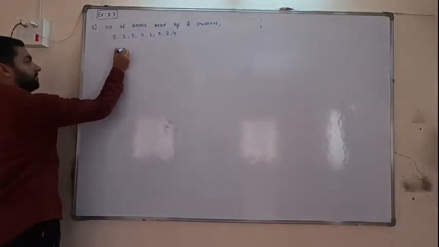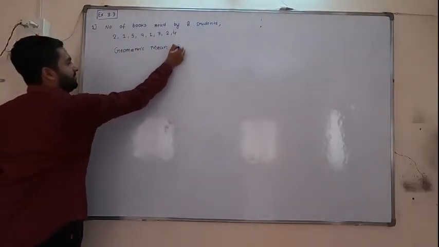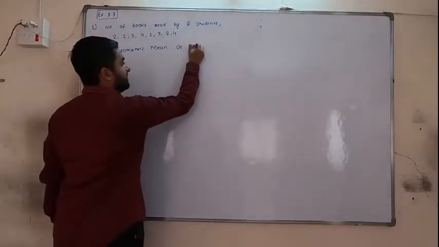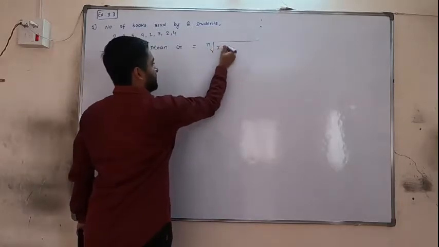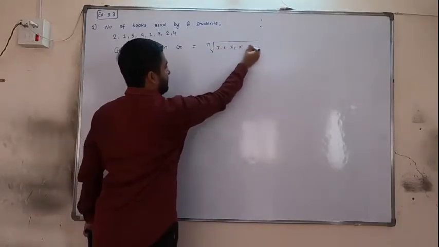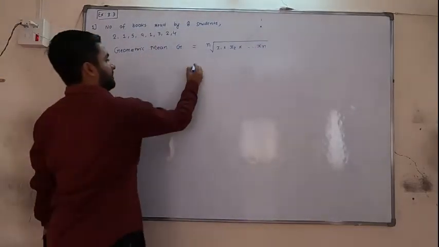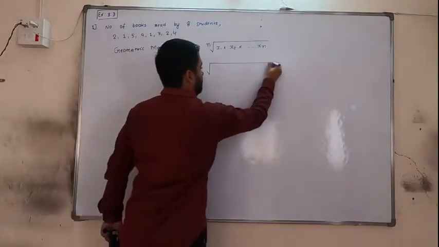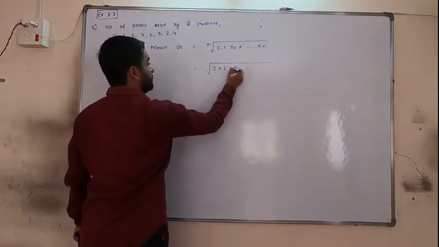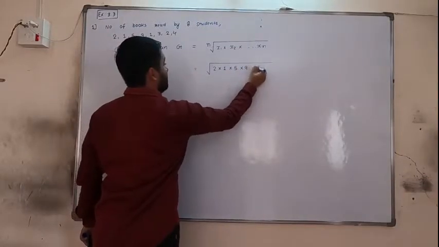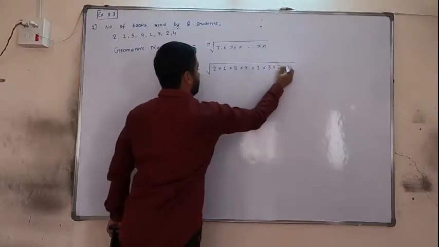Now, geometric mean G is equal to nth root of x1 multiply x2 multiply dot dot dot xn. Means 2 into 1 into 5 into 9 into 1 into 3 into 2 into 4.